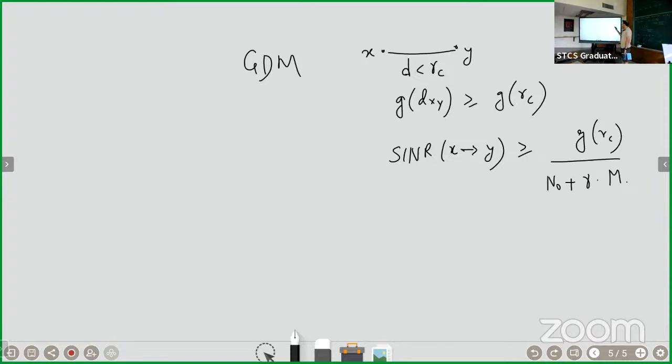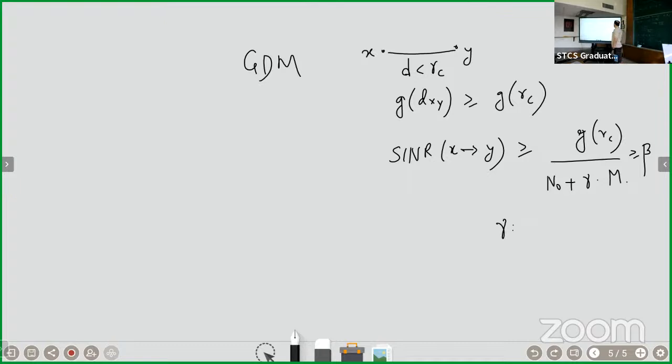Okay. Now what should I say? I know that RC is some specific number because that's my critical radius for the Gilbert disk model percolation. And all I want is this to be greater than beta. What do I want? That any two nodes which are connected in the Gilbert disk model should also be connected in the SINR model. So I can pick a gamma. Is this condition always true?